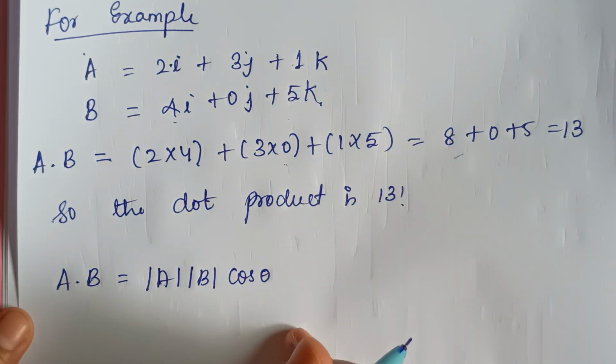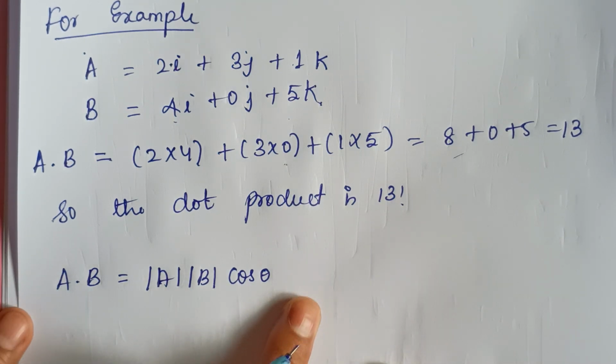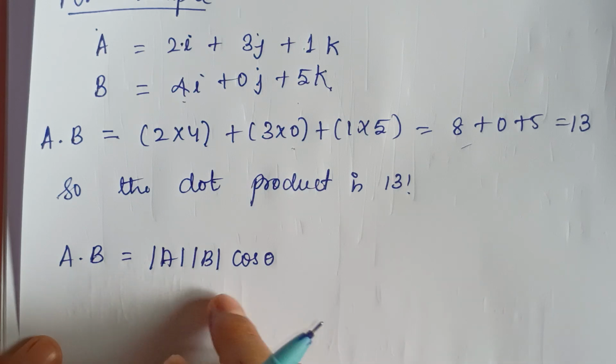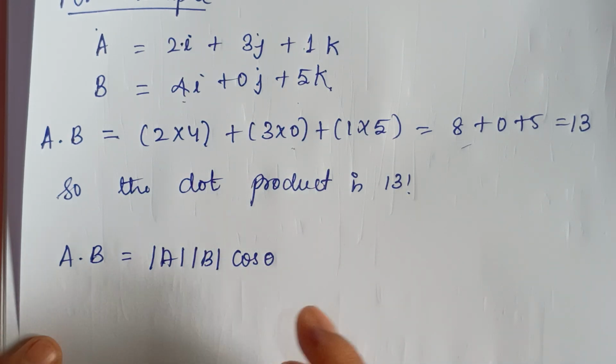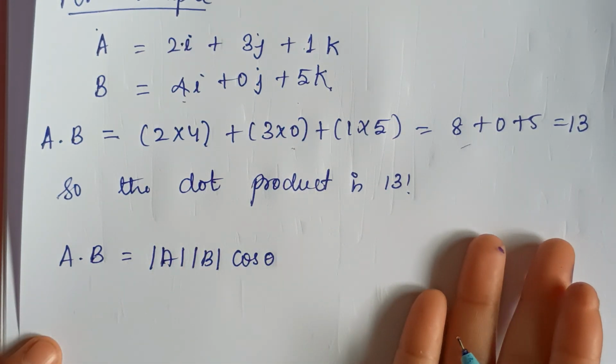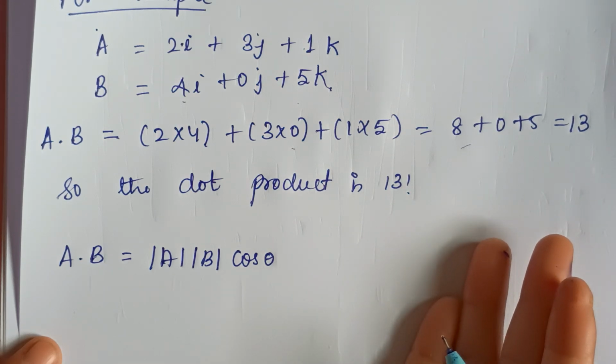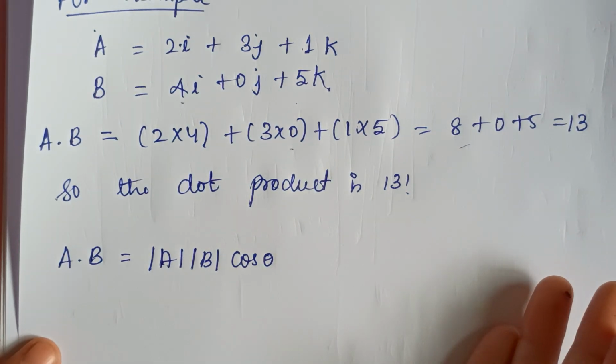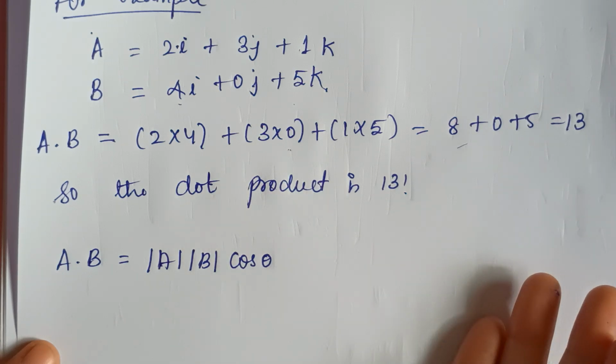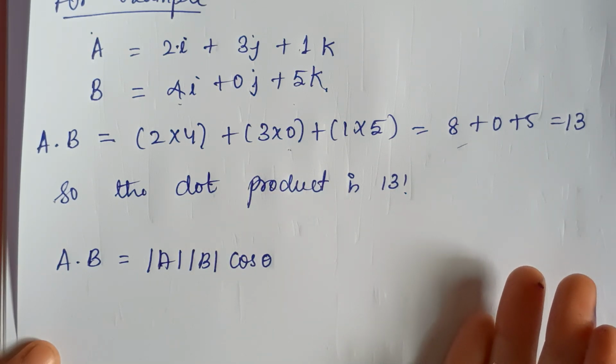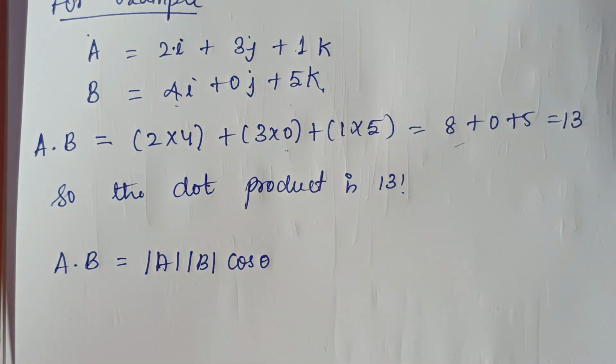This is one more way to find the dot product. It shows how much one vector points in the direction of another. If the angle is 90 degrees, the vectors are perpendicular, and the dot product is 0. They are not at all pointing towards each other, so the dot product is going to be 0.